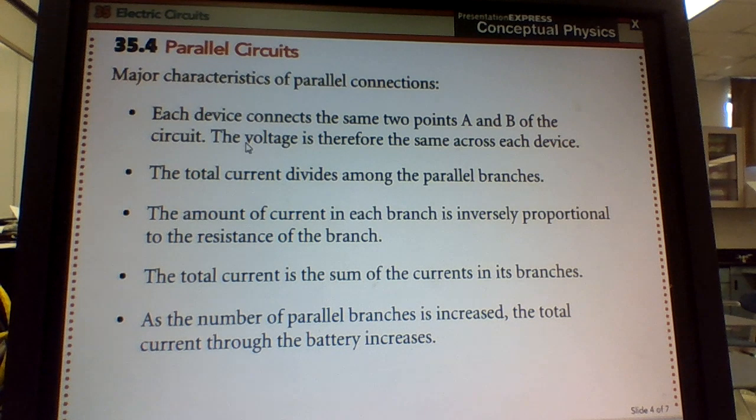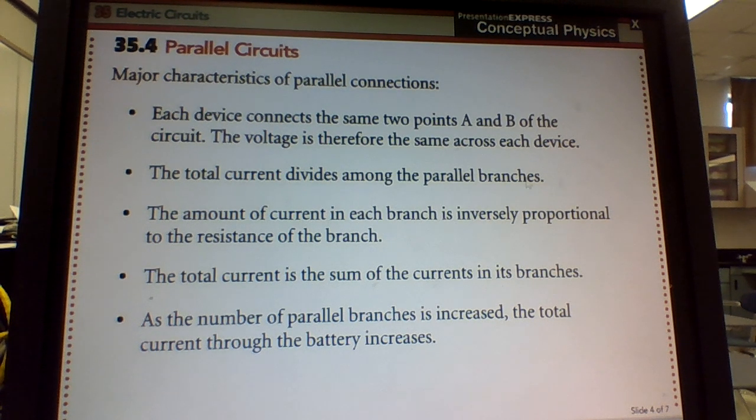Well, the problem with the voltage being the same across each device is this last one down here. As the number of parallel branches increases, you're going to draw more juice out of the battery quicker. And so you're okay. It's just your battery is going to burn out a little sooner.